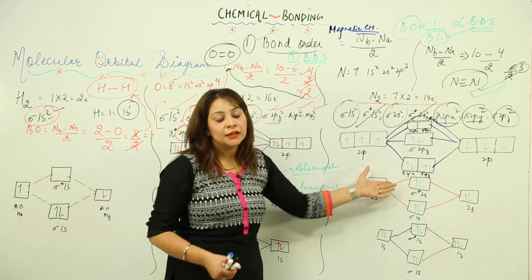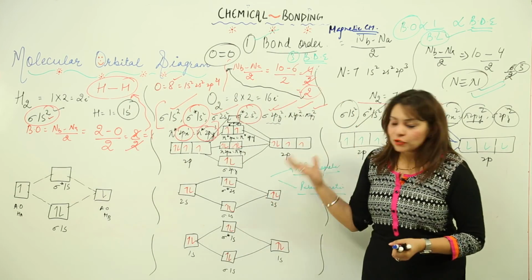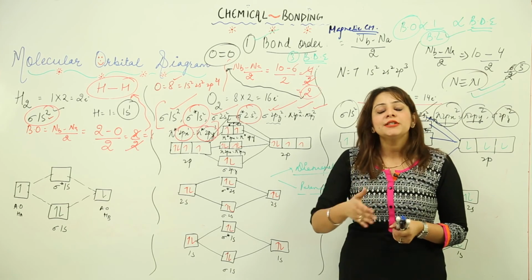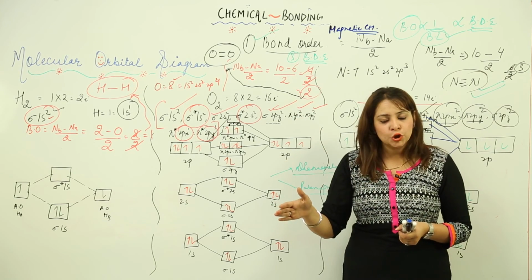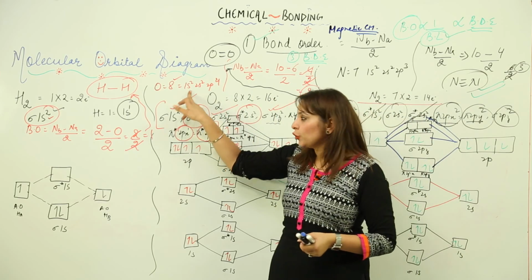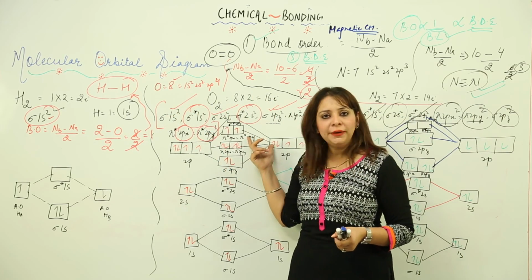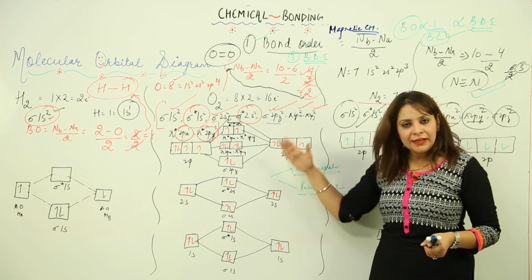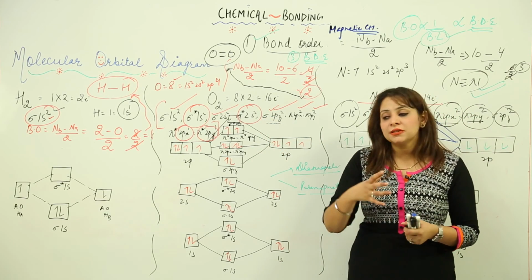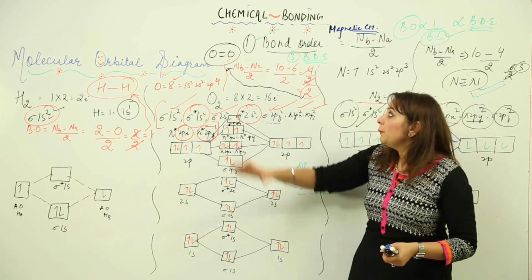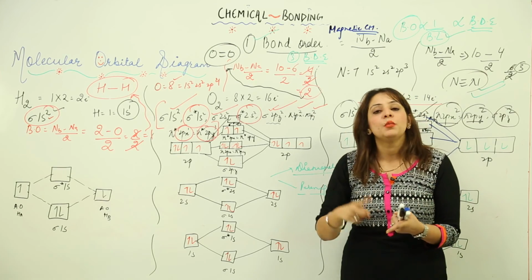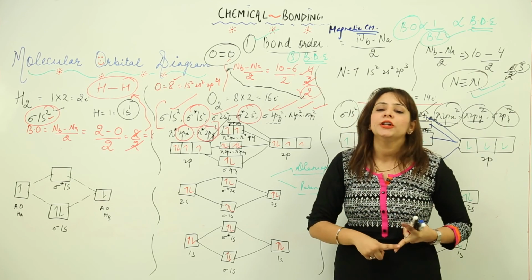So if you get a question like this, if somebody asks you to draw a molecular orbital diagram, first you need to calculate the total number of valence electrons, then write the configuration for the atomic orbitals, then for the molecular orbitals, arrange them in this order as I did for you, start filling them, and after filling them, write the conclusion indicating these 4 properties: bond order, bond length, bond dissociation energy, and also comment on the magnetic character.